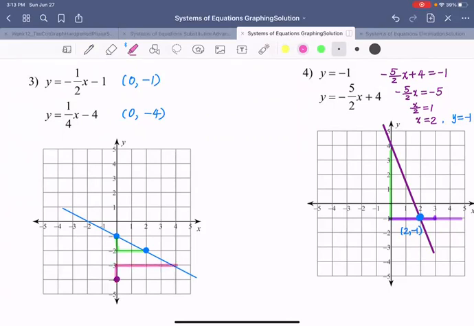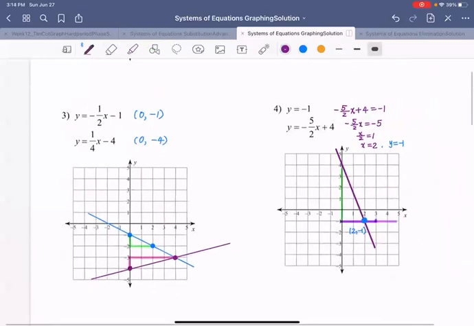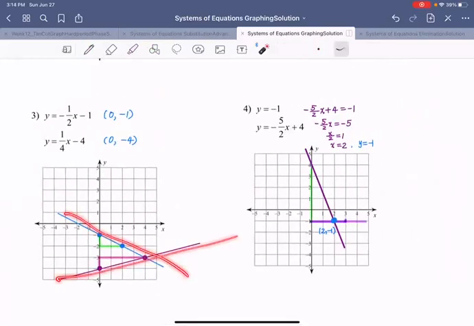Okay. That makes sense? Yeah. Now you want to connect these 2 points, right? Yes. So what's the crossing point? What's the crossing point for these 2 lines? (4, -3). Okay.